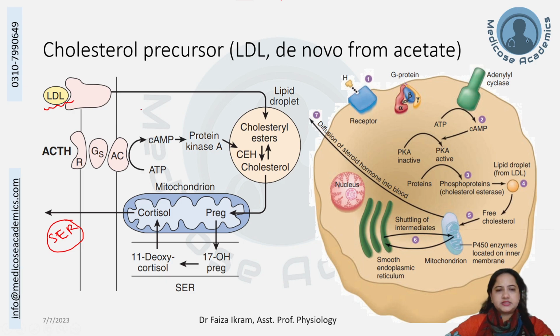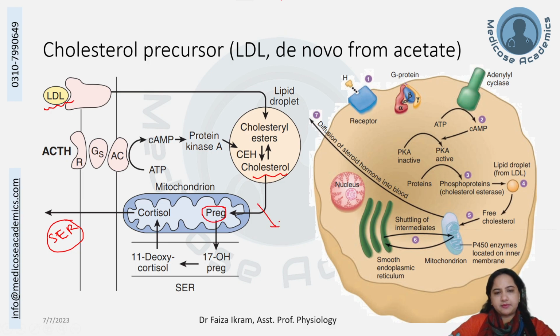The first step is to obtain cholesterol from the LDL, and once it is obtained, the synthesis of steroid hormones starts. The first step is to move the cholesterol through the mitochondrial membranes and convert it into pregnenolone.